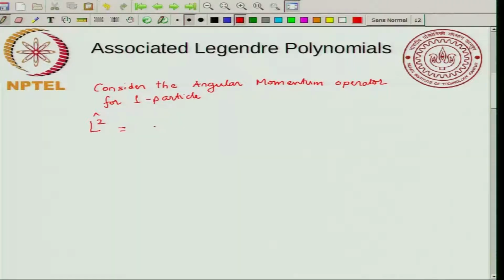This is given by minus h bar square times dou square by dou theta square plus cotangent of theta dou by dou theta plus 1 by sine square theta dou square by dou phi square.